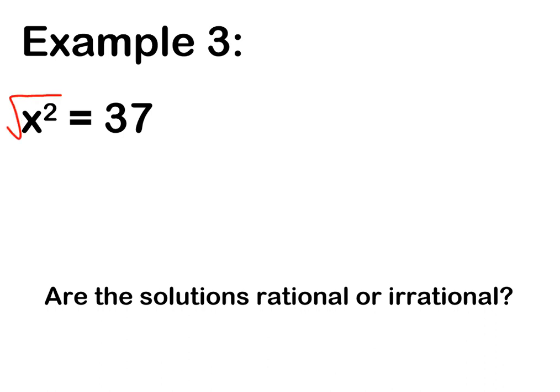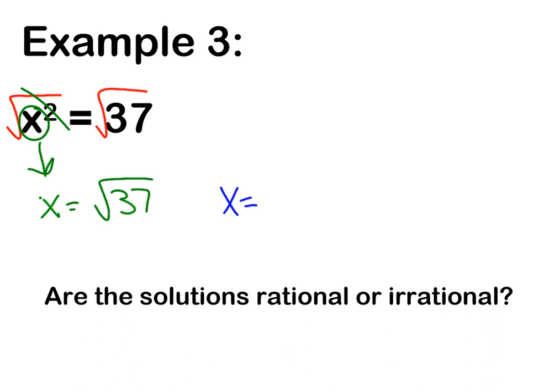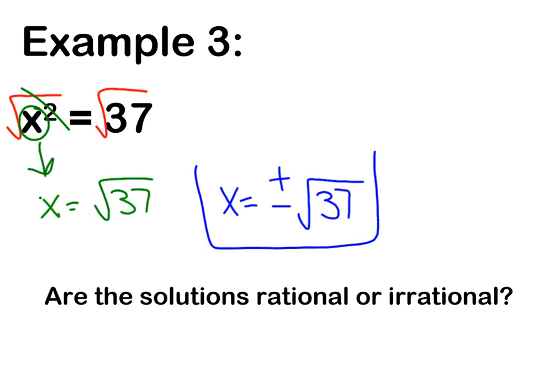So we know to take the square root on both sides. My square root and square are going to cancel, which gives me x equals the square root of 37. Now, I don't know what the square root of 37 is, so here's how I'm going to write my answer. X equals the positive and negative square root of 37.